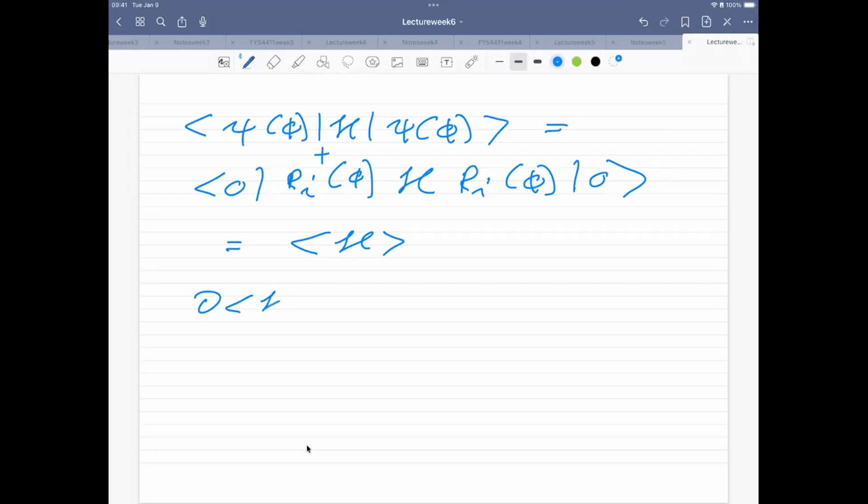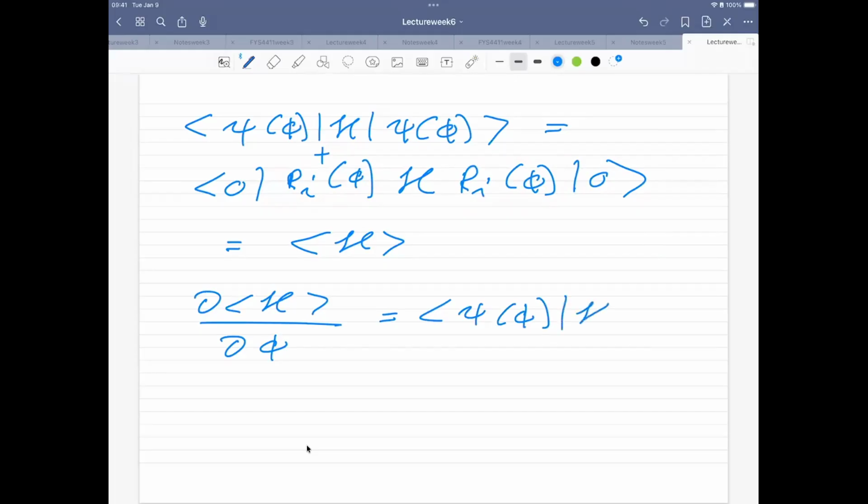So let's just do that. D of phi. And that is going to be equal, since I know what the derivative is like for this quantity here, which depends on the angles. And then I'm going to have the Hermitian conjugate. So what I'm getting then is simply psi of phi.